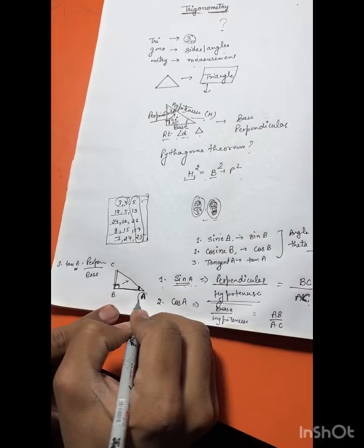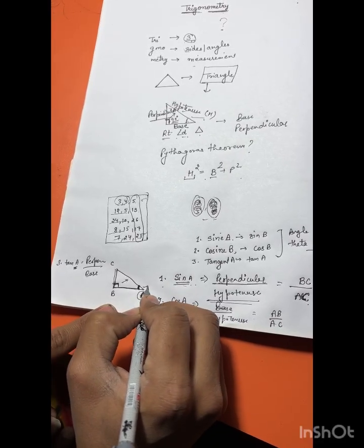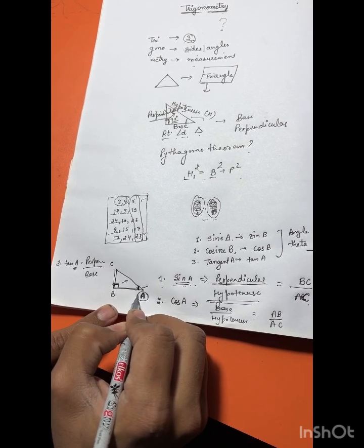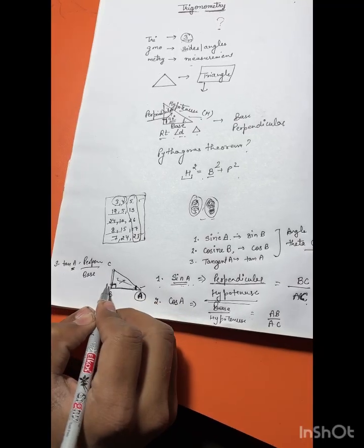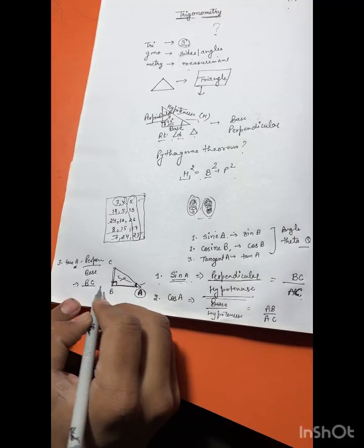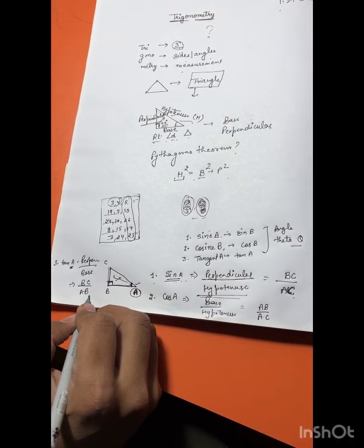We are talking about angle A. So we will consider this angle and find out which side is its perpendicular and which side is its base. So for the angle A, this side will be the perpendicular, BC, and the base is AB. So the tangent A is equal to BC upon AB.